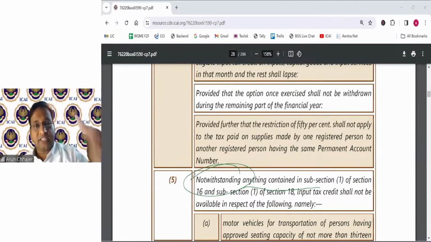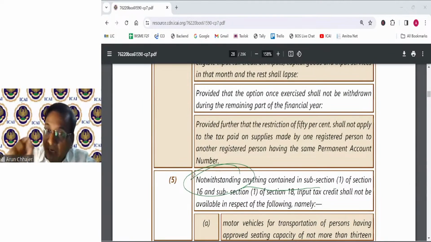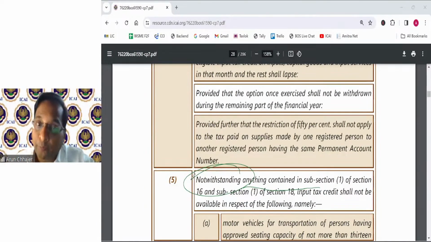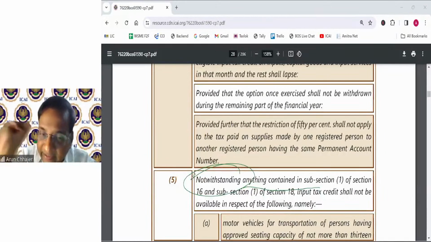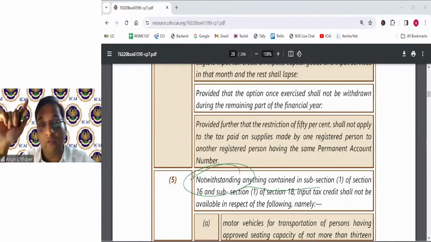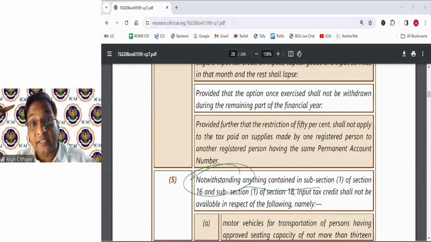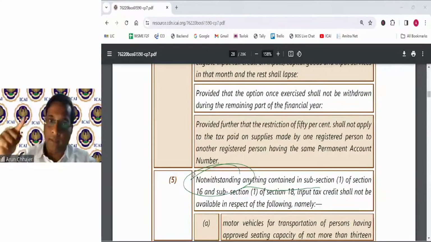It means in 16.1, if this particular item is in relation to your business, you cannot take the ITC. You purchase a motor car for your director only for business meetings. ITC is not allowed because 17.5 overrides 16.1 as well as 18.1.